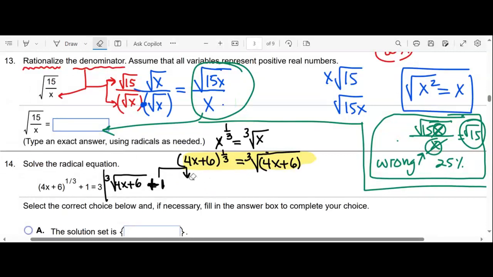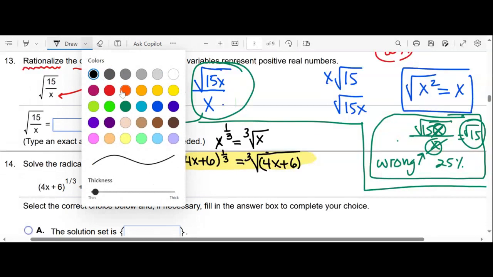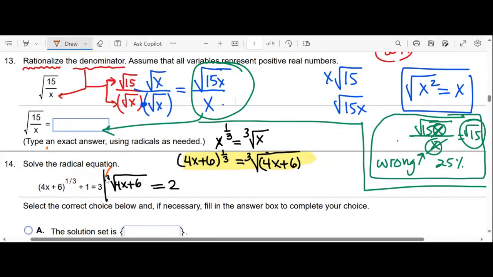So I'm going to move this like this and make it equal to 2. Now, to get rid of the cube root, what should I do? Cube both sides. Okay? If you cube this with this, what happens? They cancel. This one cancels with this one.